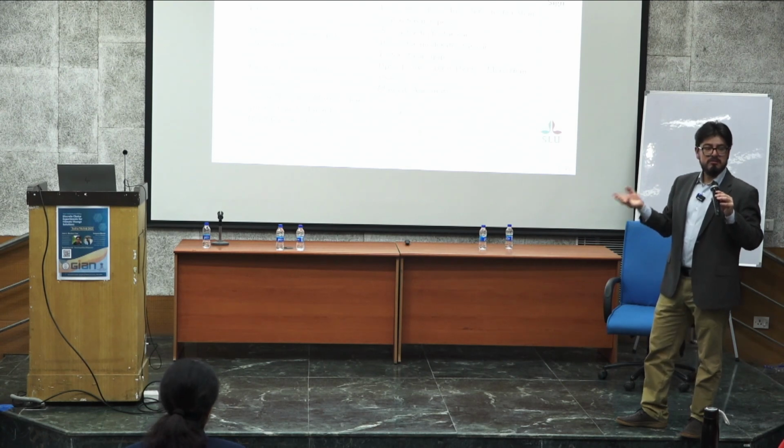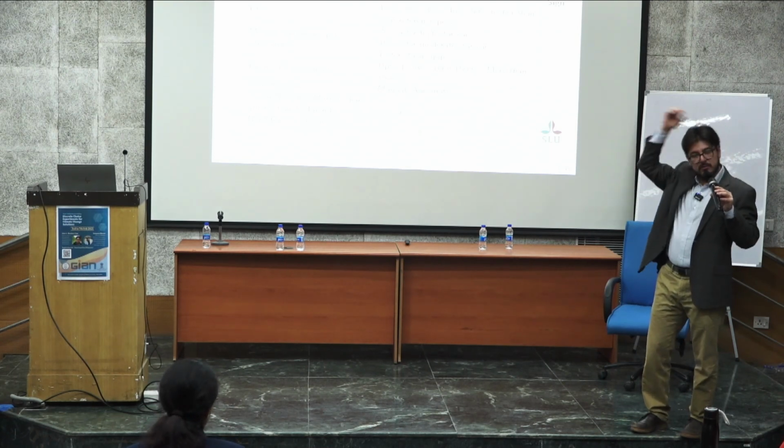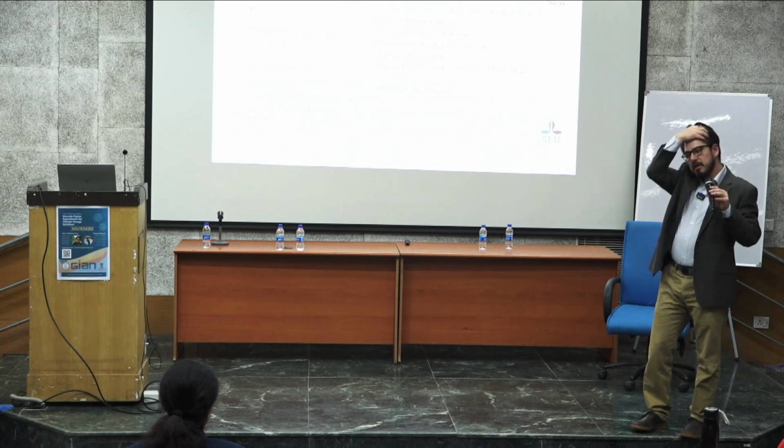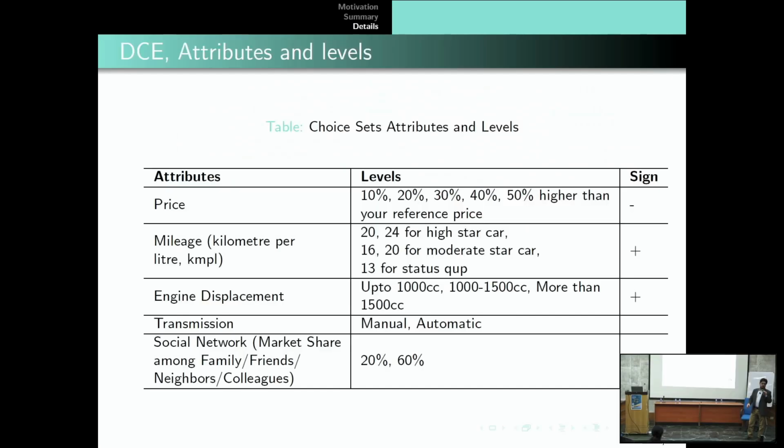Now, before I go to mileage, because that one requires me to explain something else, of all those attributes, I will say that there is not too much to discuss in terms of those being attributes that matter for buying a car.